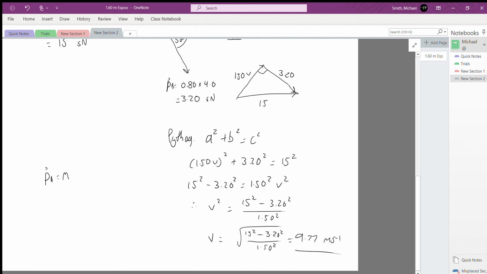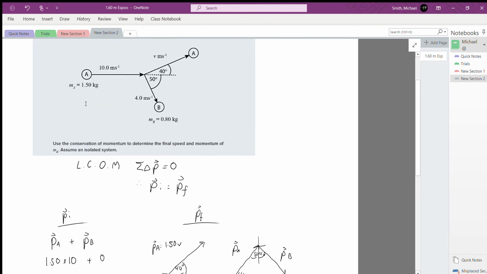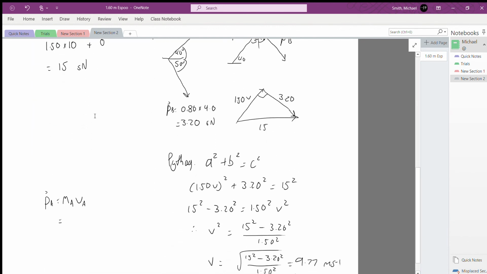That'll be mA multiplied by vA. We've already worked out the final speed, that's the 9.77. The mass is 1.5, so this will just be 1.5 times 9.77. And if we substitute into our calculators, we should get approximately 14.7 kg m/s. And that's it.